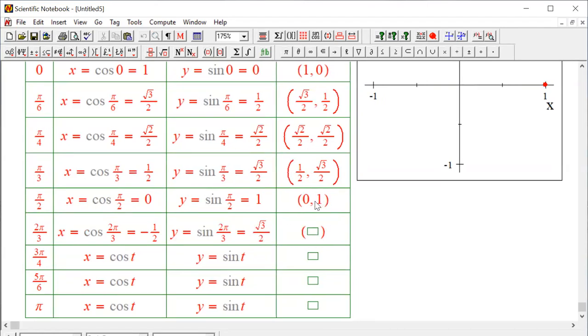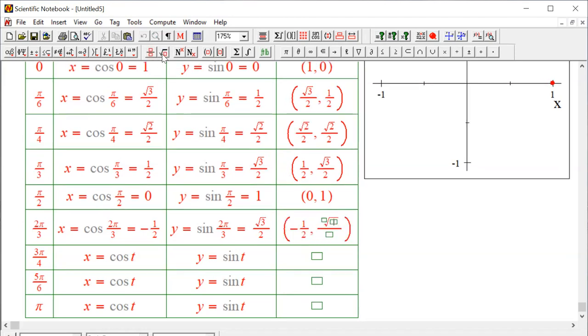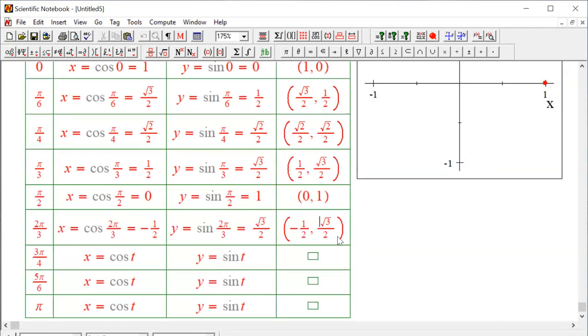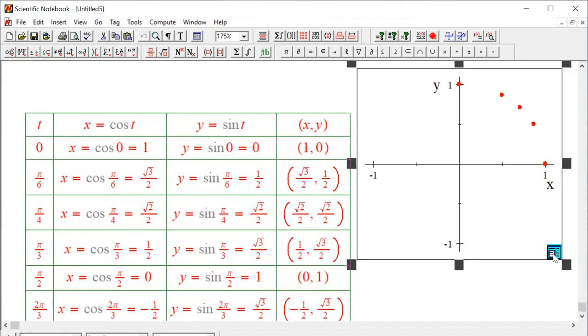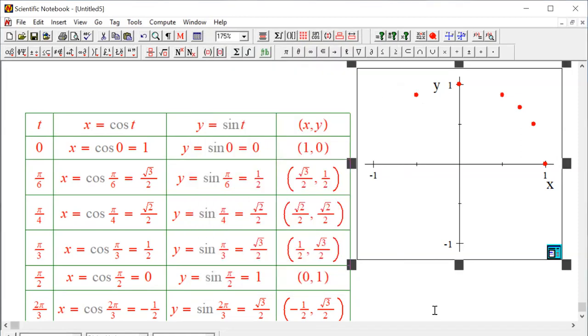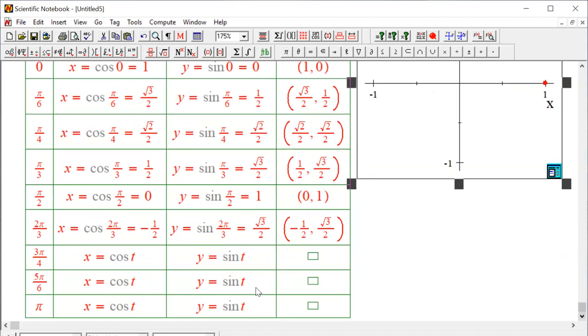So we have a point that's negative half and root 3 over 2. Okay, so we're going to put this point on the graph. Right there, right? So we keep going.